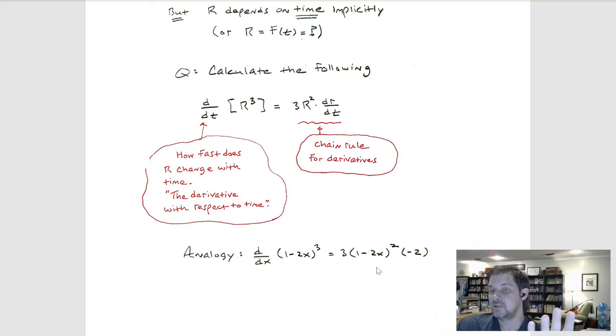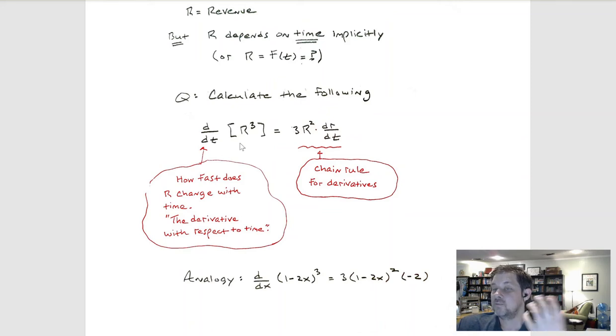That's what we do. Now my question here is, it wouldn't be any different if I wanted the derivative with respect to t, time, of r to the third power. I'd bring that power to the front, I'd take 1 away. But what would I follow it with? Like, what's the analogy to the 2 here? Well, what is r? R is something that we were given depends on time.